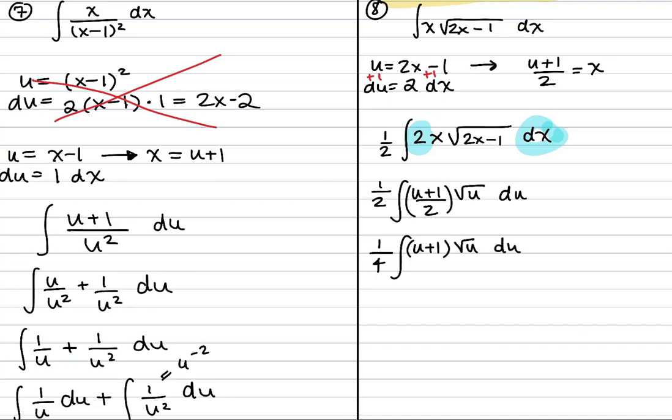It's important to remember that this square root of u distributes. I have u to the 1 times root u, which gives me u to the 3 halves. And if this is 2 over 2, and this is u to the 1 half, remember the powers add, and then plus u to the 1 half, du.